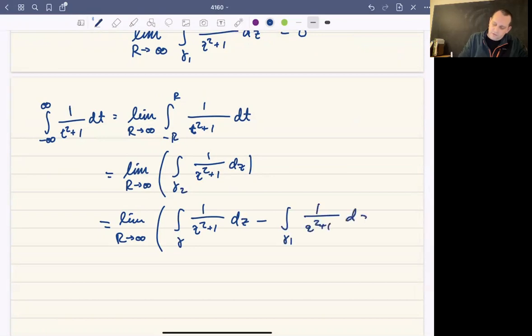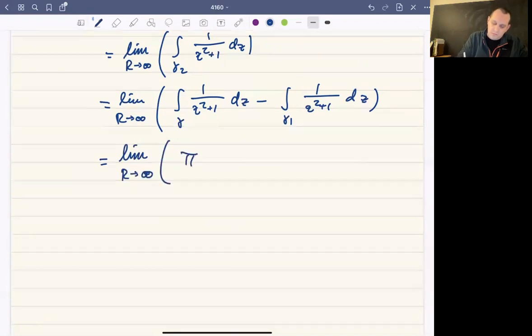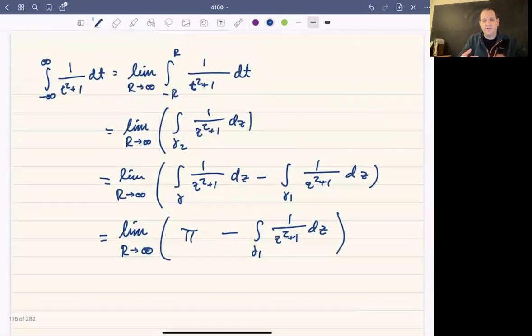And then finally, we just did the hard work of evaluating each of these. The first integral turned out to be pi. So this is pi, by the way, for all values of r, as long as r is at least 1.